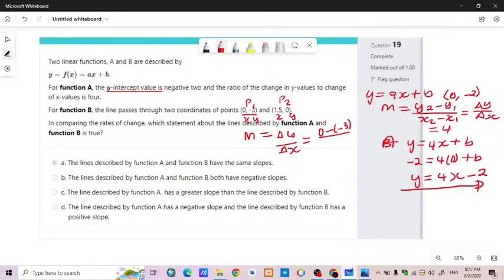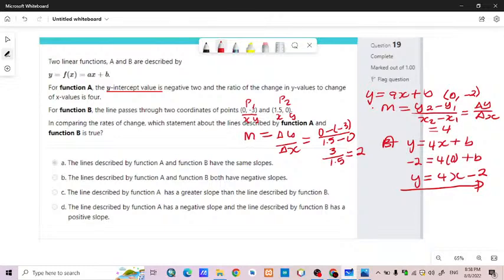I'm determining the difference between the y values. And then at the bottom you have the value from point 2, which is 1.5 minus 0. This becomes positive 3 divided by 1.5, and this gives us a gradient of 2. So the slope for function b is 2.